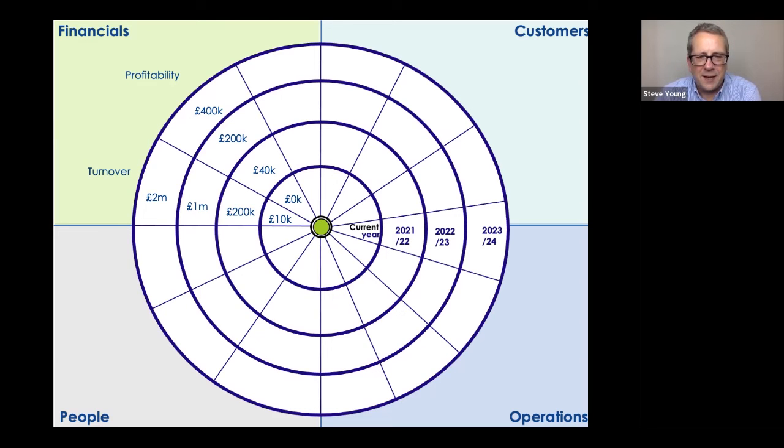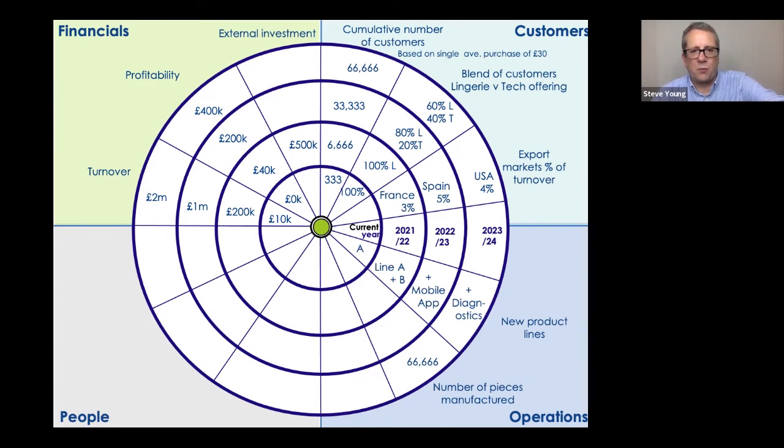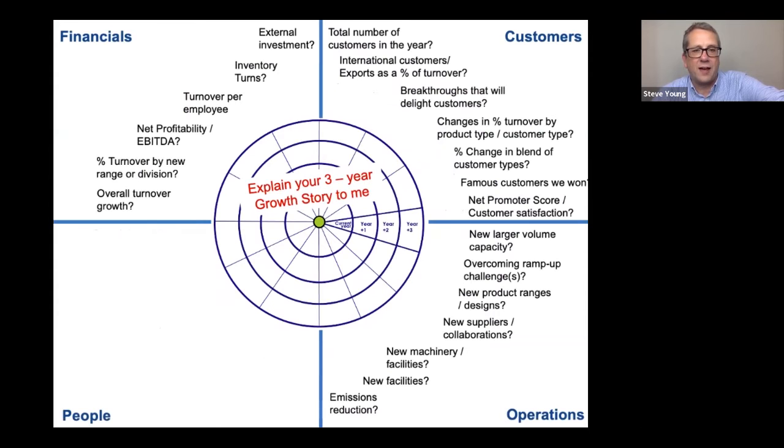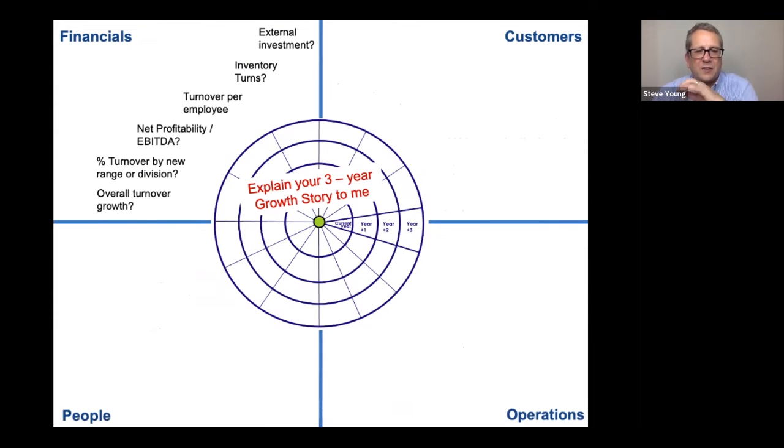Now, what we want to do now is actually think about what other thing we want to put in that other area. So you can see here that you've got a couple of choices. You don't have to do external investment if that's not your thing. If you don't think you're going to need external investment, you could choose some of these other financial spoke labels, like maybe turnover per employee, or inventory turns, or investment, or percentage turnover by a new product range, or a new division, or new team.